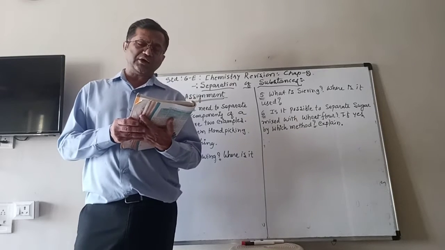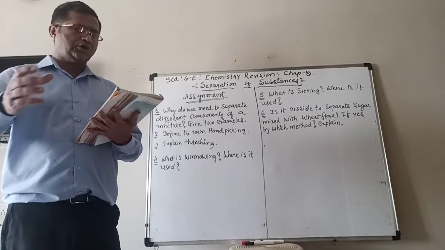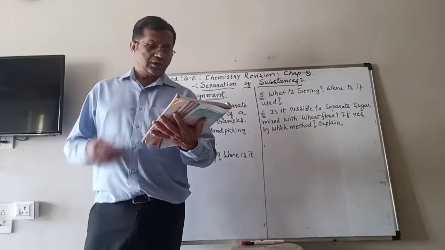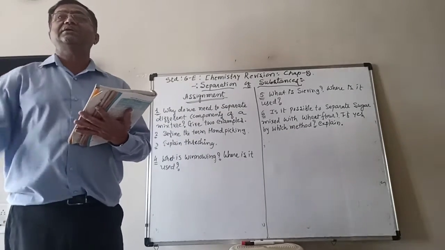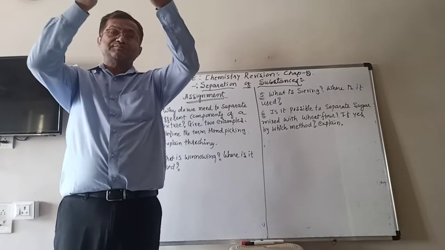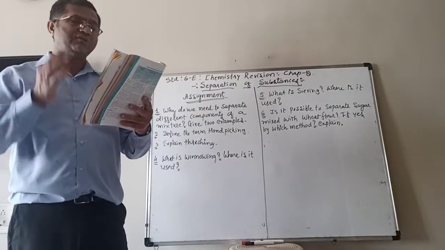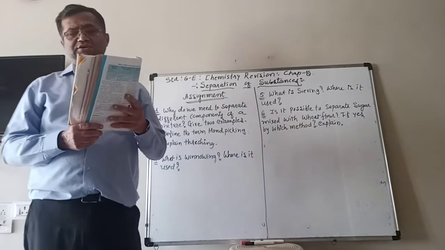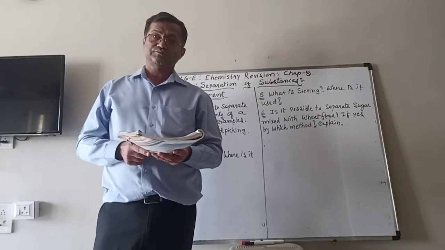So for that, what we have to do is take the mixture, stand a little higher on a platform, and allow the mixture to fall down using a winnowing basket, or in our Gujarati language we call it supdu.